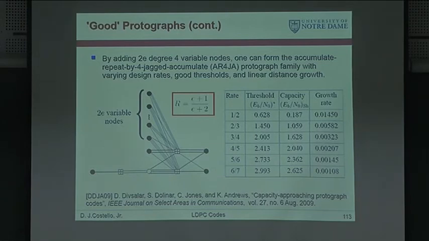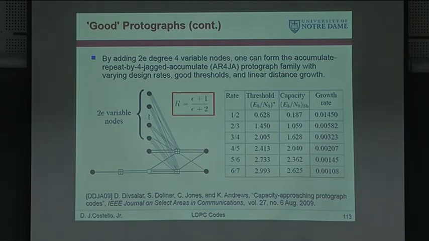The fact that they're still irregular gives them the good thresholds, but they have enough strength in the graph with the variable node degrees to give them linear minimum distance growth. They're asymptotically good, unlike the repeat accumulate codes that they started with.